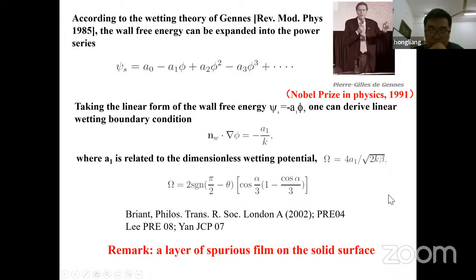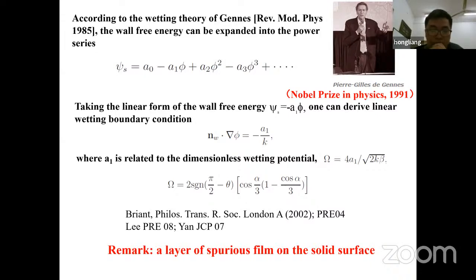It is a correct point to describe the wall fluid energies. Now we apply the Taylor generating theory, and the wall fluid energy can be expanded into a power series.